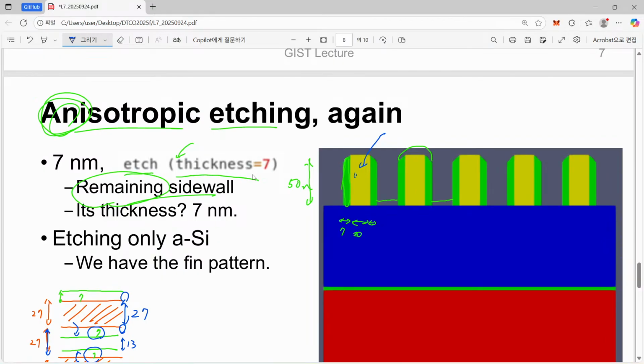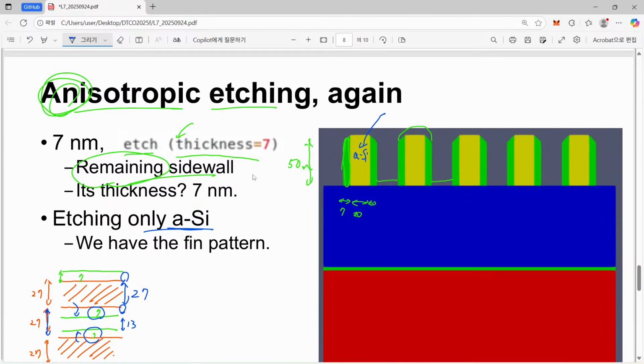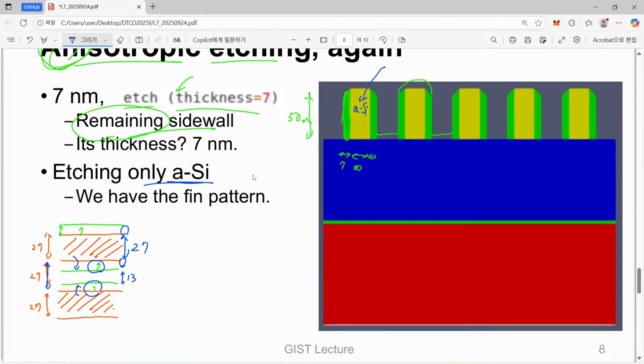Okay, so now the next step, of course, will eliminate only this mandrel. The mandrel is once again amorphous silicon. So in this case, we have to introduce a certain etchant which does not attack silicon nitride, which does not attack silicon dioxide. Only silicon is etched away, and then the remaining part will be the same pattern without the mandrel.